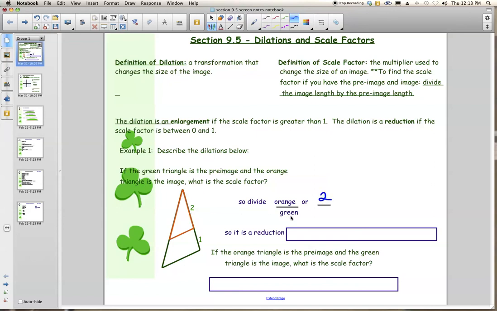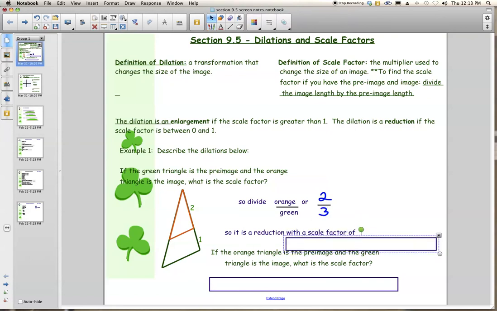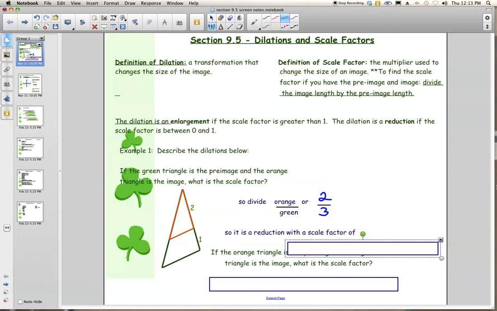Its corresponding piece in the green triangle would not be 1, which is a common mistake that a lot of students make. You have to think about what would the side length be of the entire green triangle on that side. So you'd have to add 2 and 1 together, and the green triangle's side would be 3. So it is a reduction with a scale factor of 2/3.